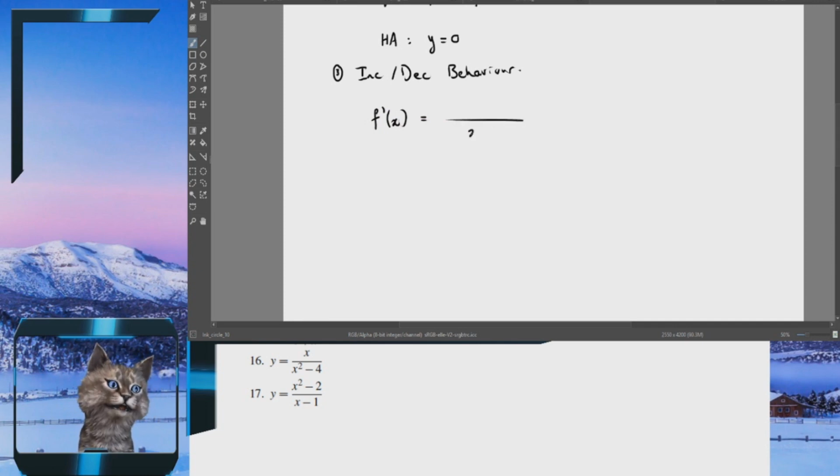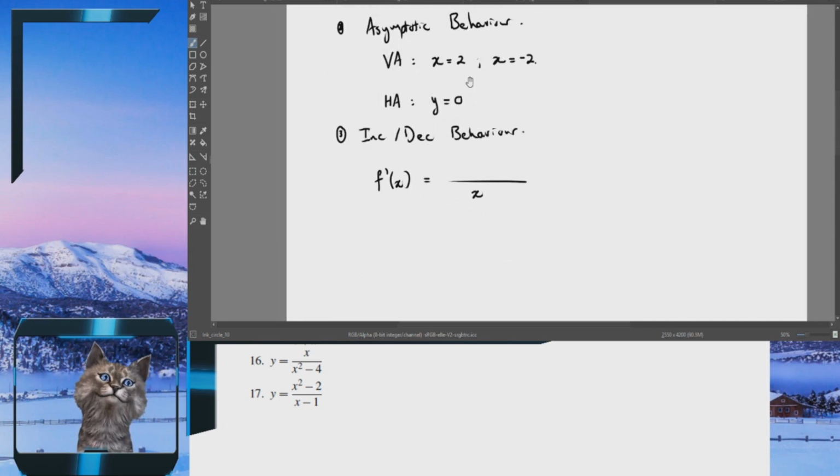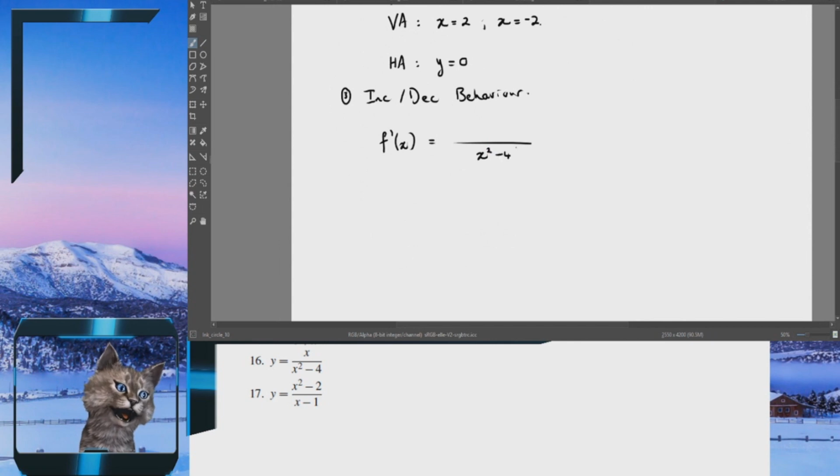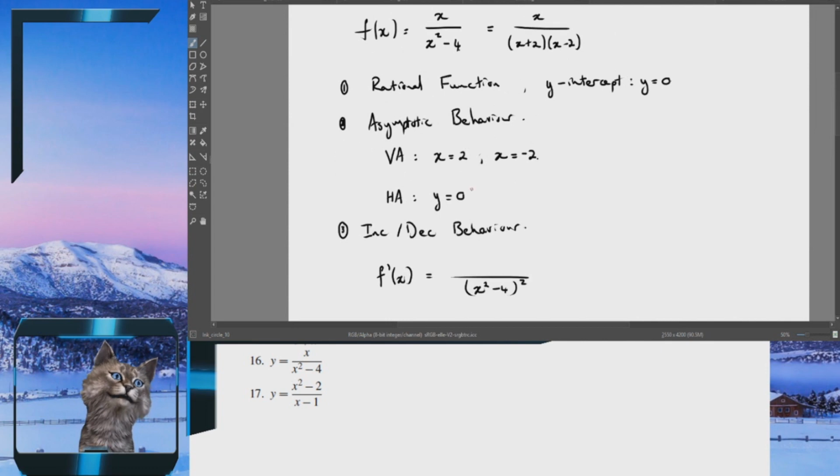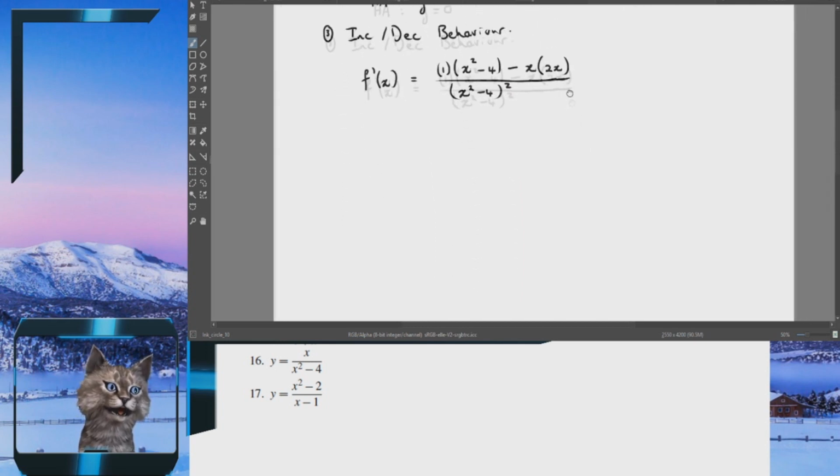Quotient rule says bottom one squared, which is x squared minus 4, square that, and then the derivative of the top, let's do it like this, we can see them both, times the bottom minus the top times the derivative of the bottom. Let's extend my line. That is the quotient rule.